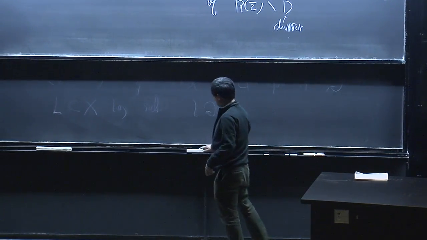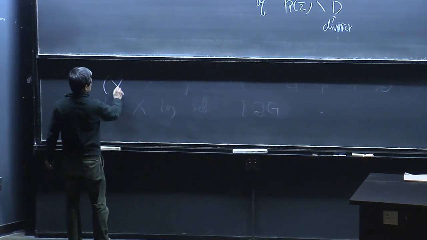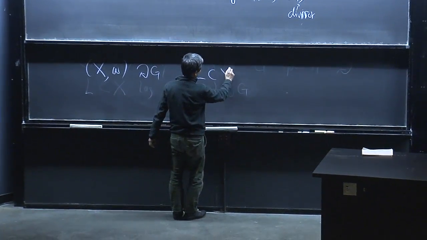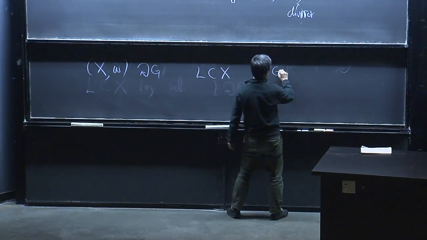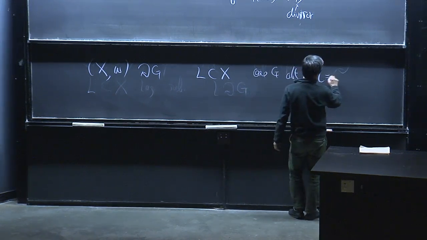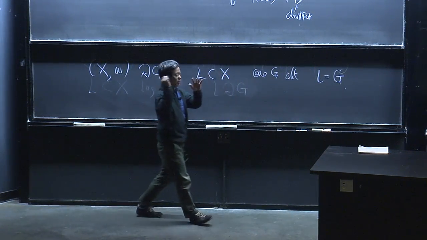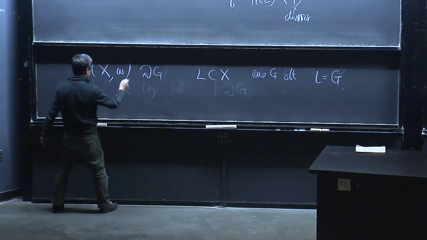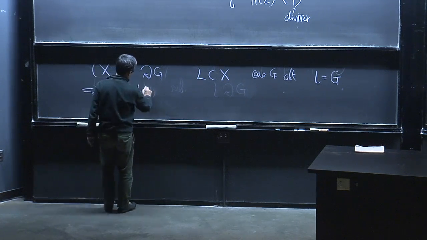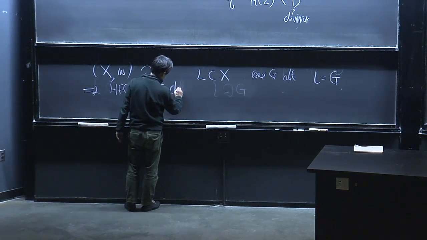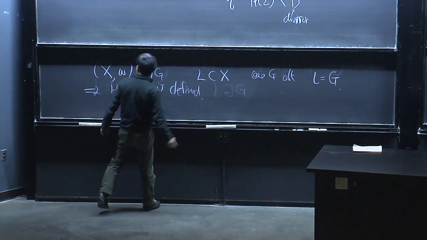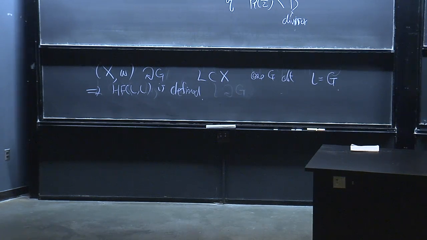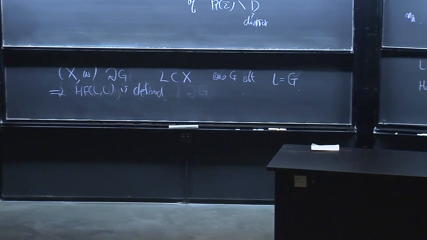Suppose you have X, omega, a singular symplectic manifold with G actions, and suppose you have a Lagrangian submanifold L which is just one G orbit, so L itself is G. Then we can prove that the Floer homology of L with itself is well defined. This is one application of this whole story, and I will say a few words on why it follows from this diagram.